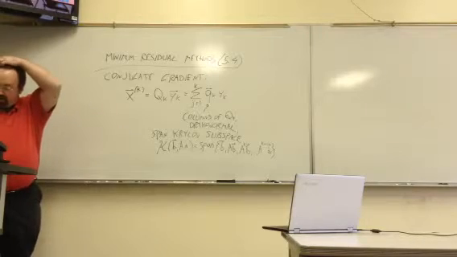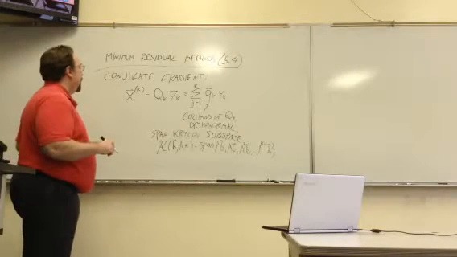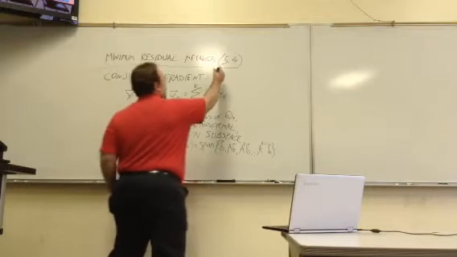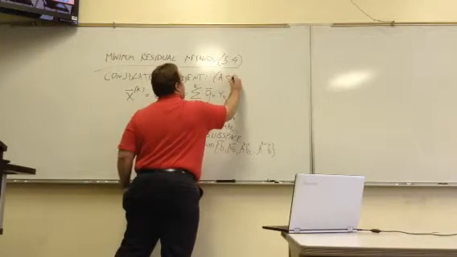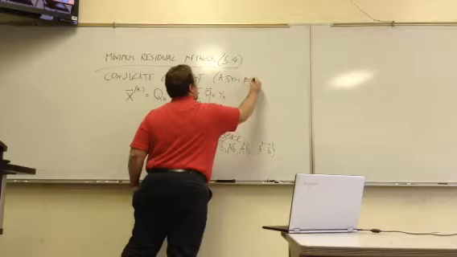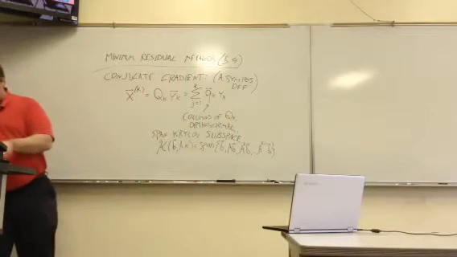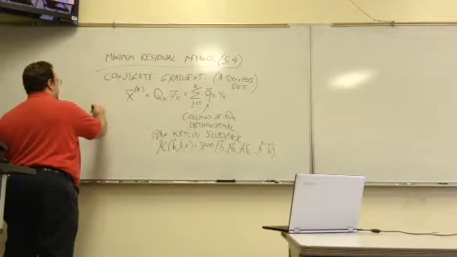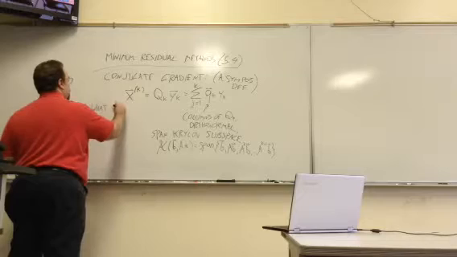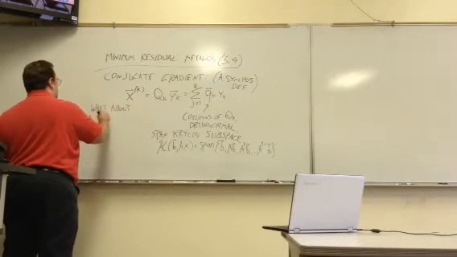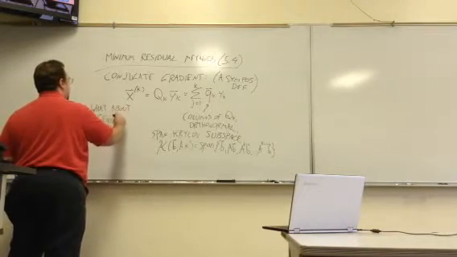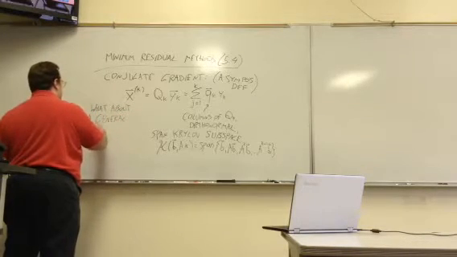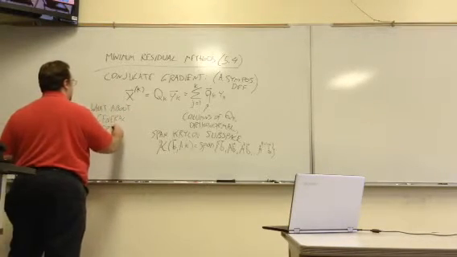So the thing about conjugate gradients is that the method assumes that the matrix A is symmetric positive definite. Now the question we're going to look at is, what if we have a more general matrix A that is still invertible but is not symmetric positive definite?